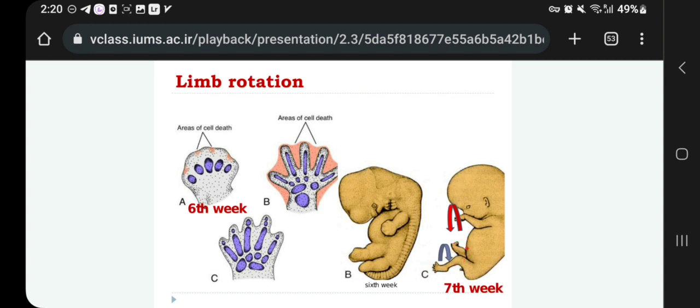Means at first the upper limb appears, and after 1 or 2 days the lower limb development continues.